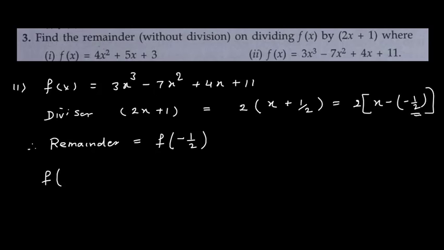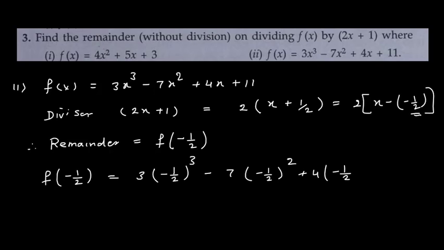Now f of minus 1 by 2, if you solve, is 3 into minus 1 by 2 cube, minus 7 into minus 1 by 2 square, plus 4 into minus 1 by 2, plus 11. So this is equal to 3 into minus 1 upon 8, and minus 7 into 1 upon 4.